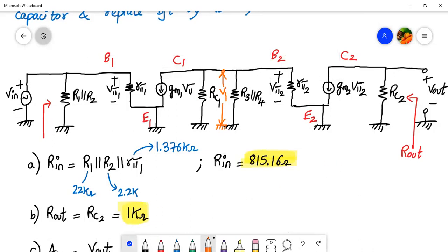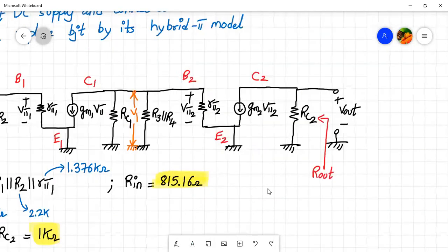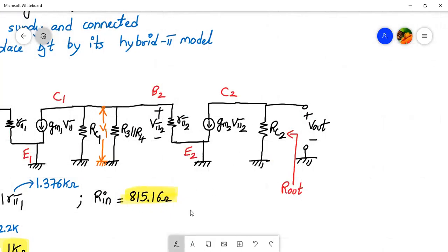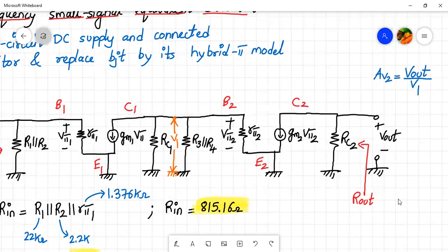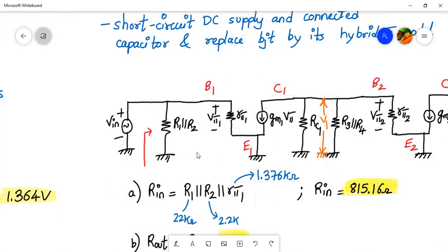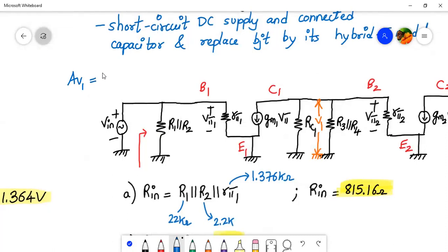So the second stage gain AV2 can be written as V out divided by V1. And the first stage gain can be written as V1 upon V in. So AV1 is V1 upon V in.